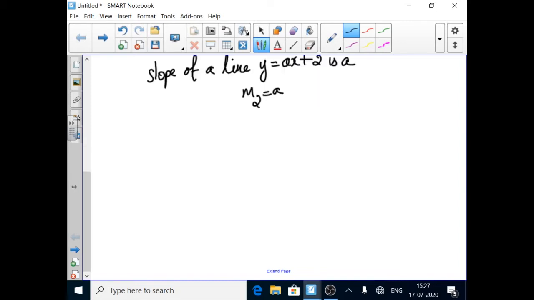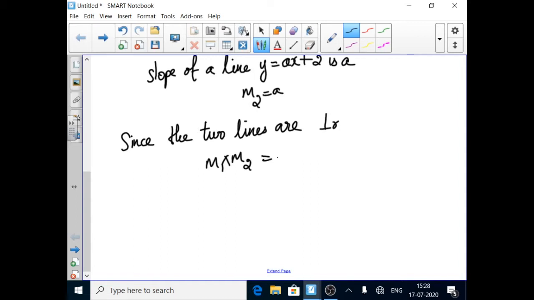Okay, so the next clue they have given: since the two lines are perpendicular, what is the formula? m1 m2 is equal to minus 1. So m1 into m2 is equal to minus 1.